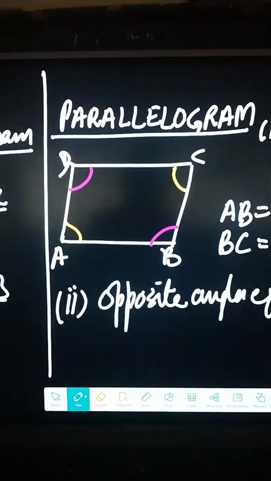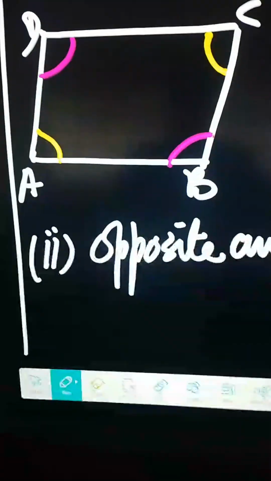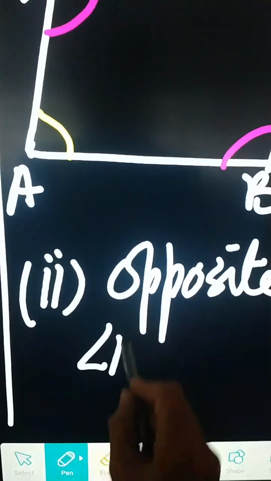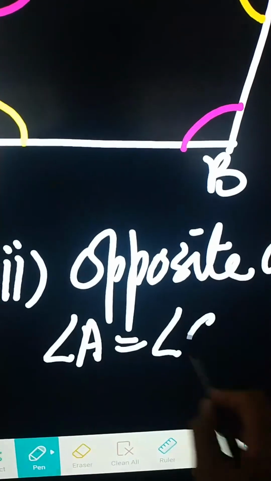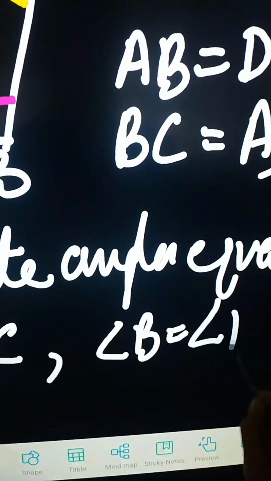I have marked the two angles with the same color. The pink angles are equal. So you have to remember that angle A is equal to angle C and angle B is equal to angle D.